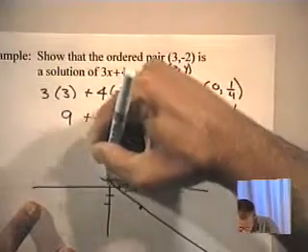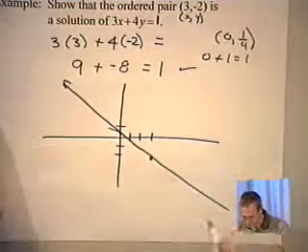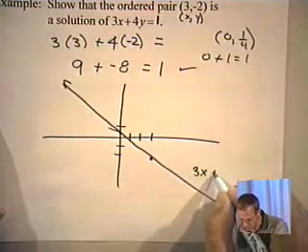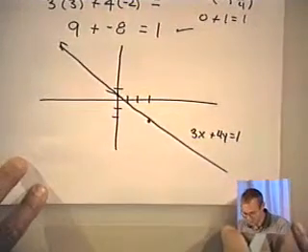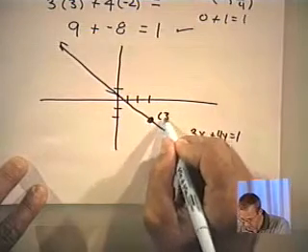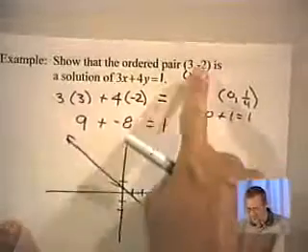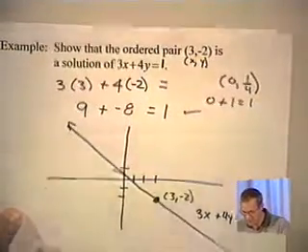Now if I extend my line infinitely in each direction, I see that this is the graph of the equation 3x + 4y = 1. Now notice, here was our first point, (3, -2). That point is on this line. It satisfies the equation.